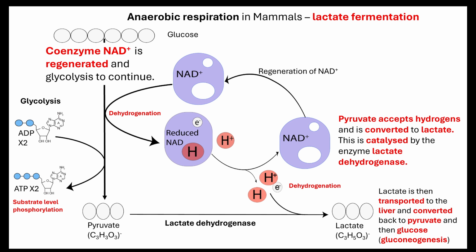So it's really important that you understand that the liver is a vital organ in that what the organ does is detoxify. Lactate is a toxic substance in mammals, and it can be detoxified at the liver by converting it back into pyruvate and then glucose.